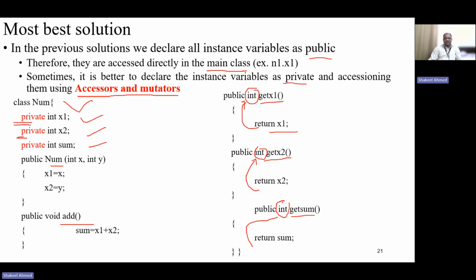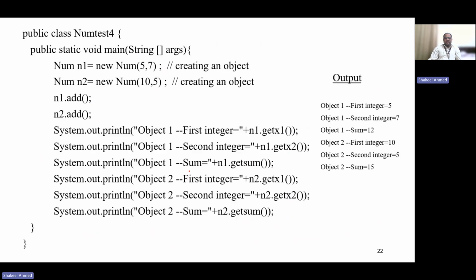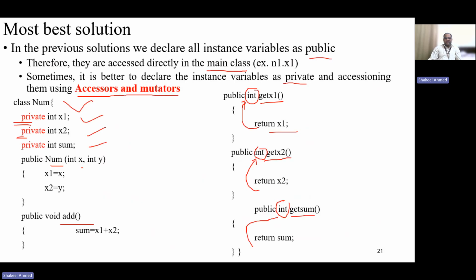So now when you go to the program, you can call here with the same 5 and 7. When you call with 5 and 7, the value of x will be 5 and the value of y will be 7. So those values will be passed on to the constructor.